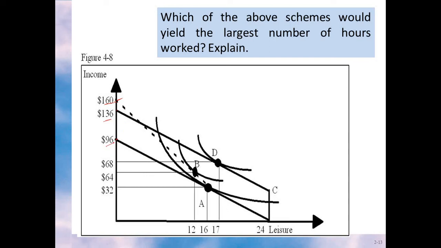So I have shown you the first scheme, where the worker is paid $4 per hour. If we assume that the worker works the normal 8 hours, this is the income that this person will get. Now B is the scheme with overtime.